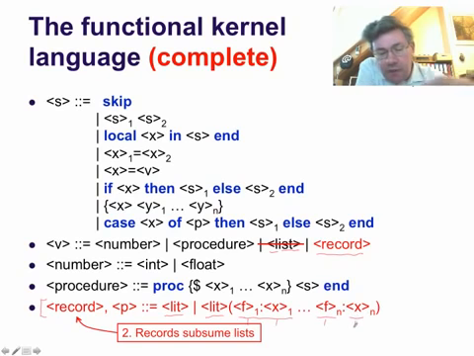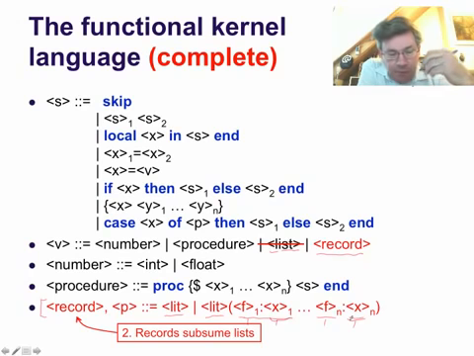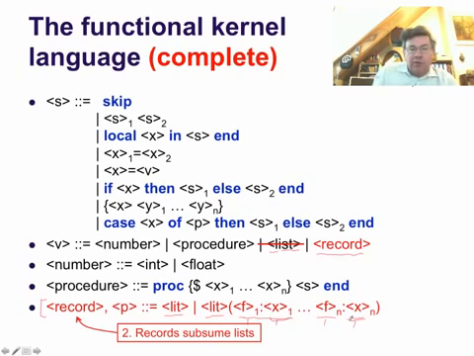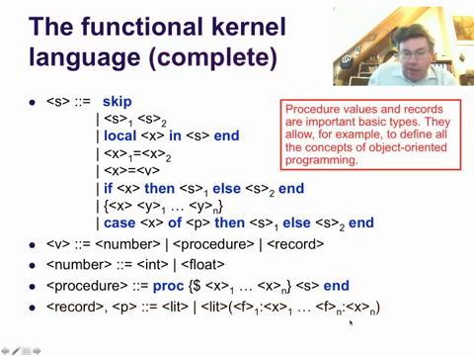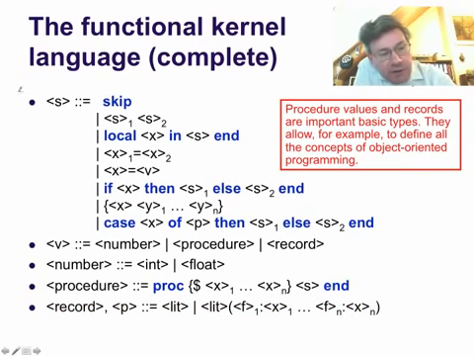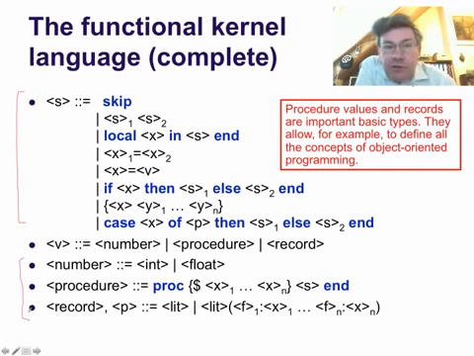The field values can be any variables. So this is the record. And with this, we have the complete kernel language. So this here, these are all the statements, and these are all the values in the complete kernel language of the functional paradigm we will see in this course.